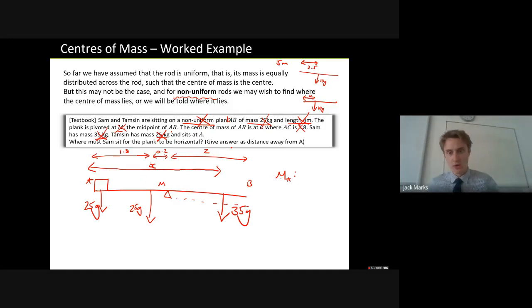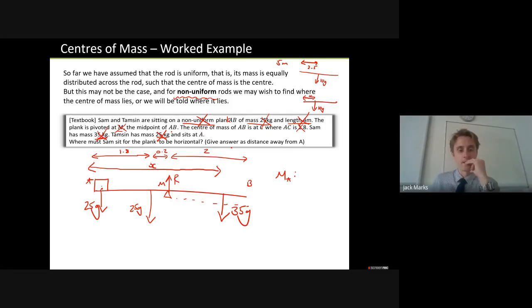So what have we got here? Anti-clockwise, anti-clockwise, clockwise. Okay, so moments from A. The 25g, oh no, we've got the reaction force as well, haven't we? Almost missed that. So we've got the reaction force.